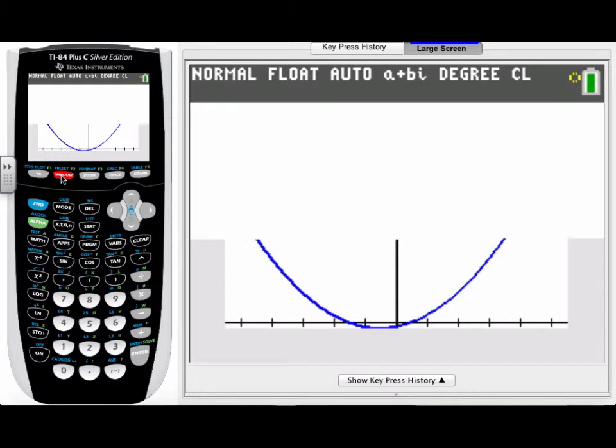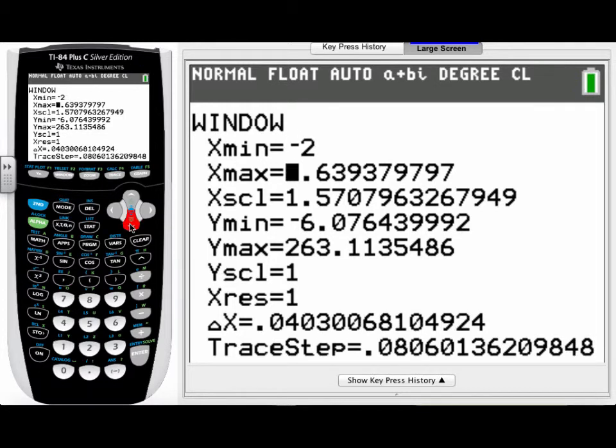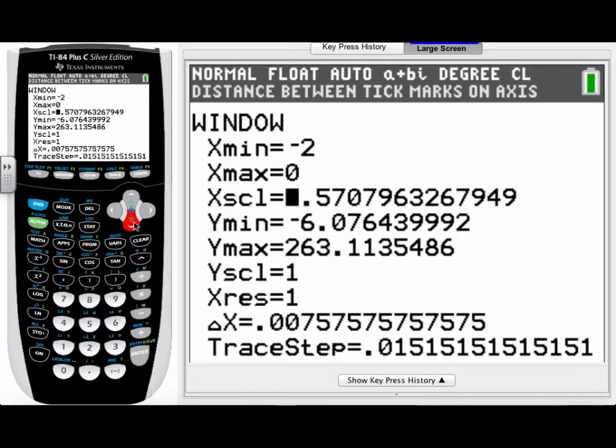Truth be told, it's like between 0 and negative something. So I mean, you could just go into the window, and we know that the x value is going to be around -5/6. So my minimum value could be like -2, and then my maximum value could be like 0. And then my y value we said was around -6.8.